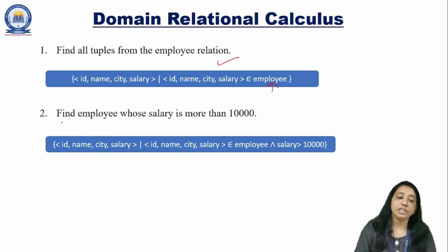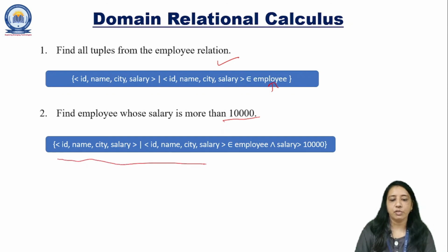The second one is find the employees whose salary is more than 10,000. That means some condition is there, so how do we specify that? You can see that here the domains belong to employee, the same as the previous one. Now after that, salary greater than 10,000. This is the condition, and it will be combined with the previous one.